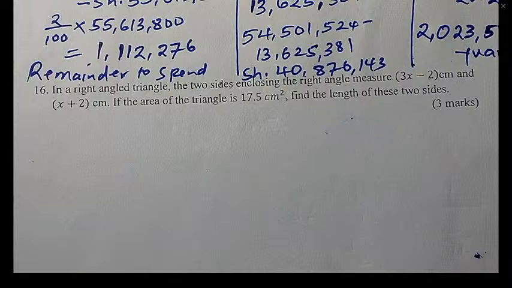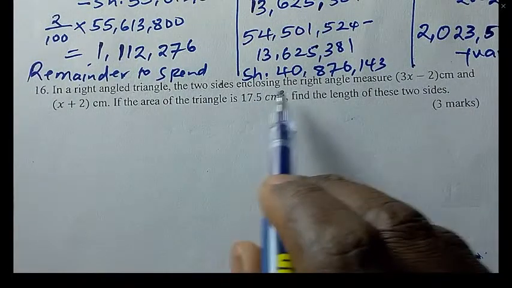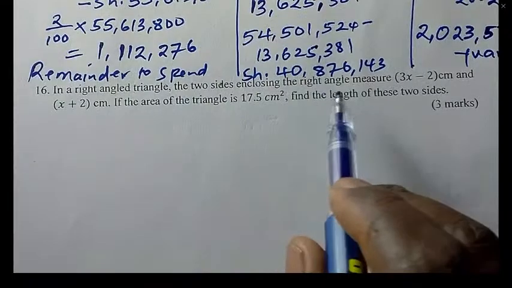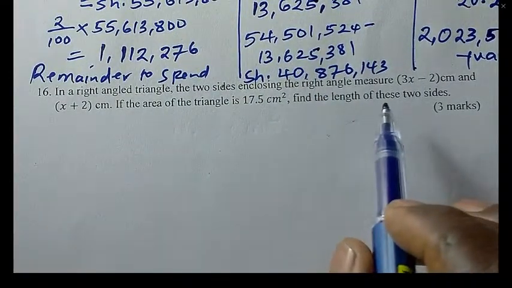In a right angle triangle, the two sides crossing measure this and this. If the area of the triangle is this, find the two sides.